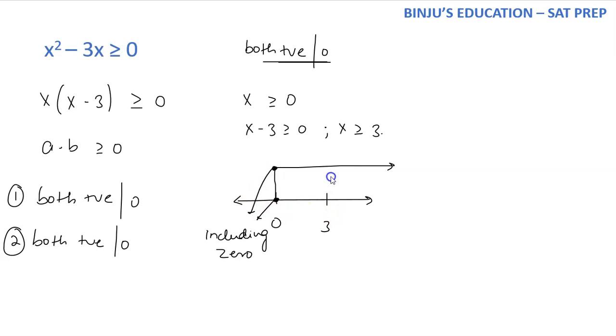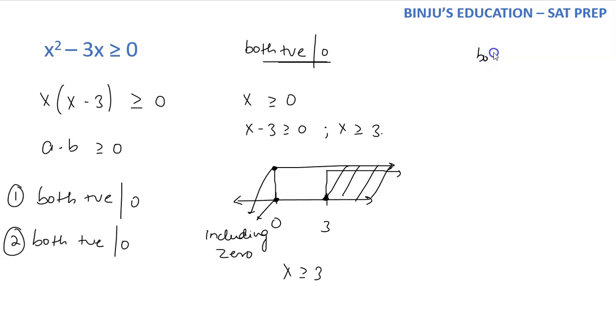And when it's greater than or equal to 3, you're going to have something like this. Now what's the common region? This is the common region. In this case you'll have to include 3, right? In the previous two cases we were not including the numbers. Now in this case we have to include the number for the very fact that it's greater than or equal to 0. So the first answer is x is greater than or equal to 3.